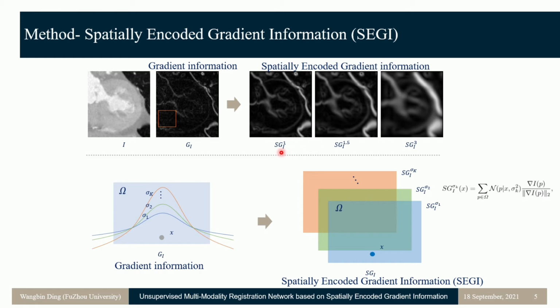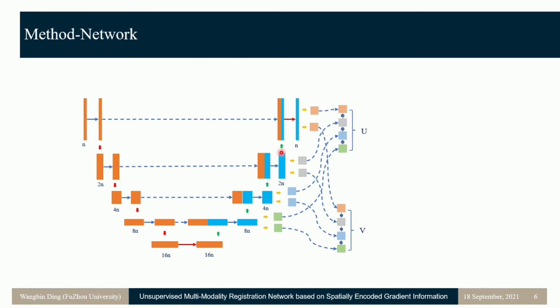Based on the proposed gradient information, we can use it as a more robust representation of the intensity image and apply it for network training. Our registration network is based on a U-shaped unit network. It takes a pair of multi-modality images as input and generates a pair of forward and backward deformation fields.